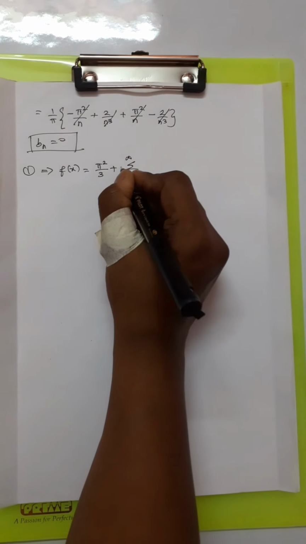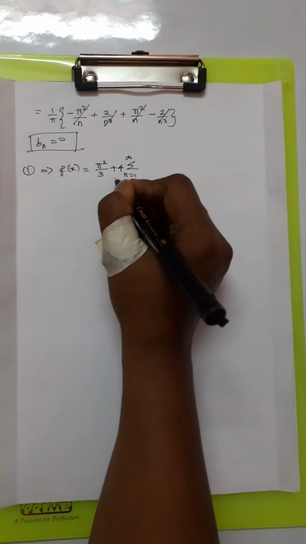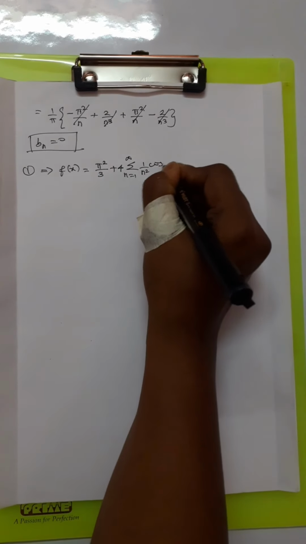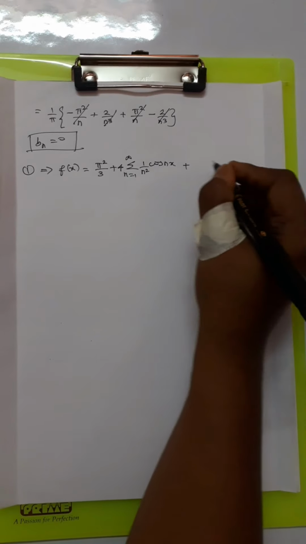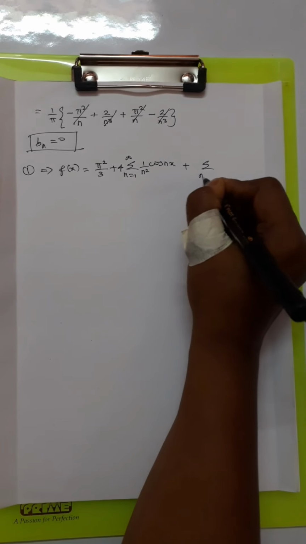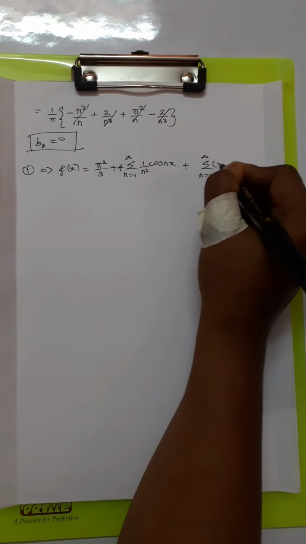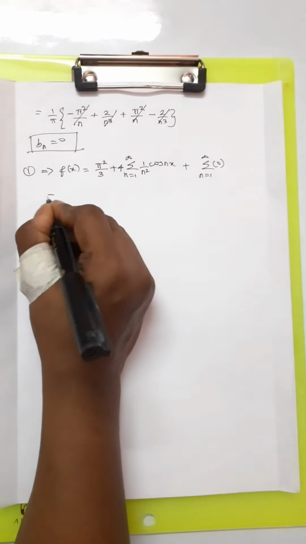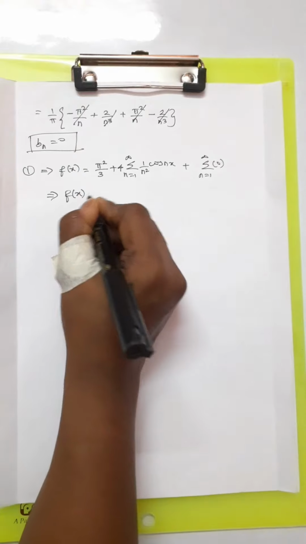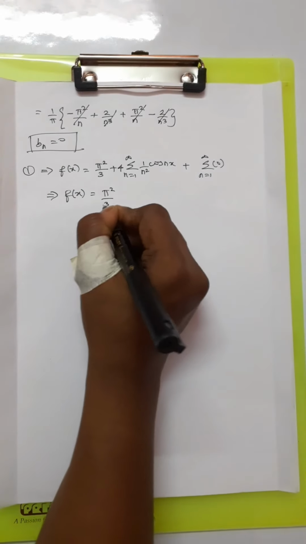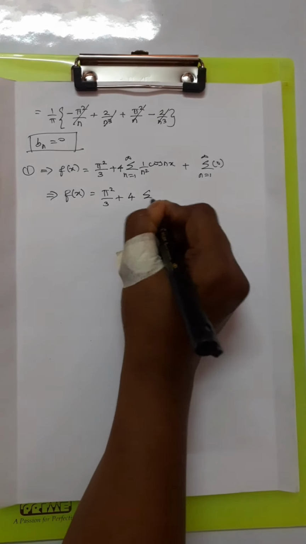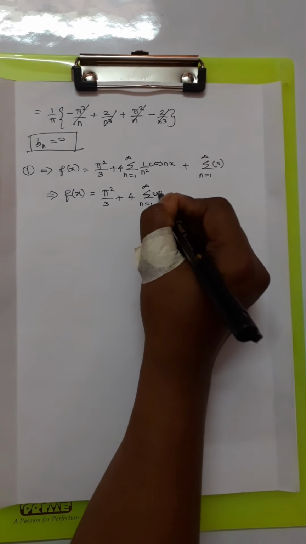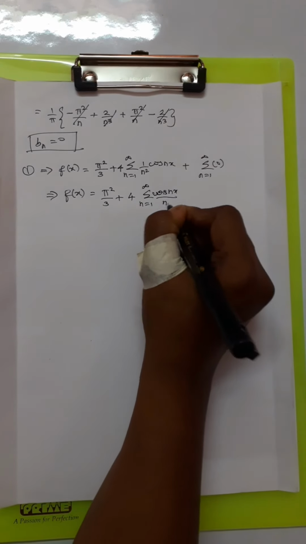So constant 4, putting it outside of summation, by n square, 1 by n square cos nx plus summation n is equal to 1 to infinity, bn is 0. So we shall omit this 0, right? Implies f of x is equal to pi square by 3 plus 4 summation n is equal to 1 to infinity cos nx by n square.